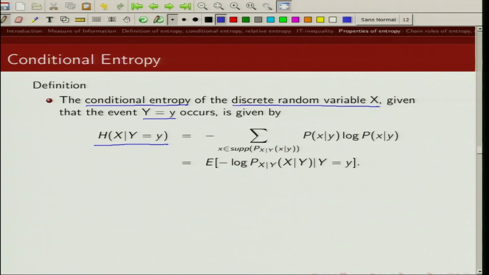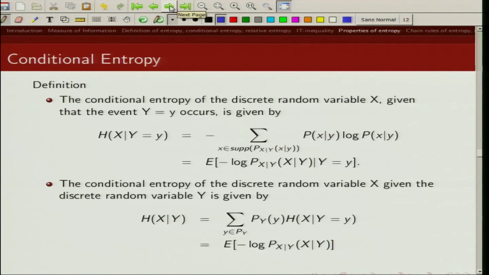It is given by this expression, which is minus summation over the support set of the conditional probability distribution of x given y, p(x|y) times log of p(x|y). So this is basically the expectation of minus log of p(x|y), given that a particular event y equal to y has occurred.